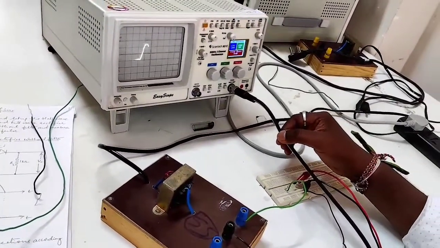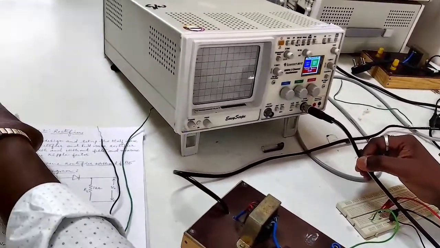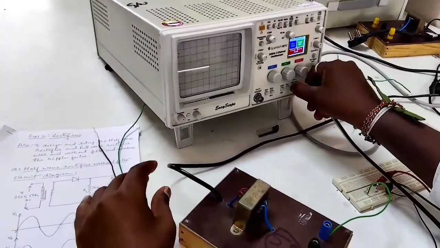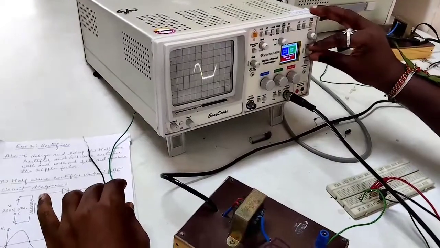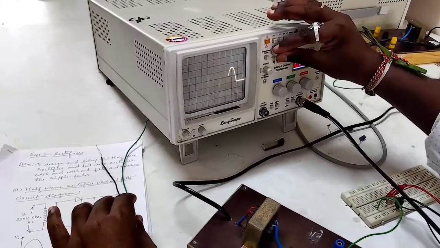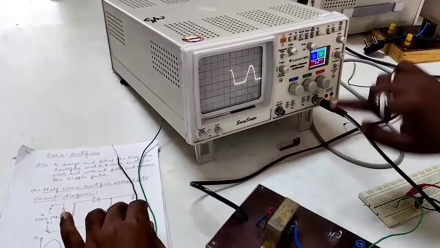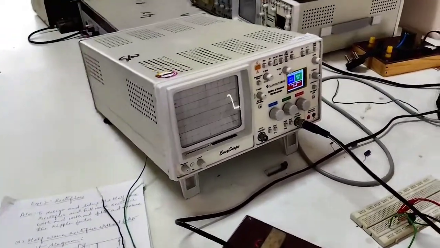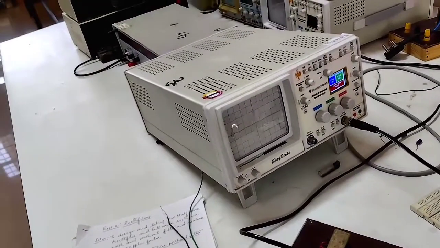From this you have to measure the VDC voltage across the load. So you are getting the DC voltage here, 2.4 into 5. 2.4 into 5 is 12 volt DC.